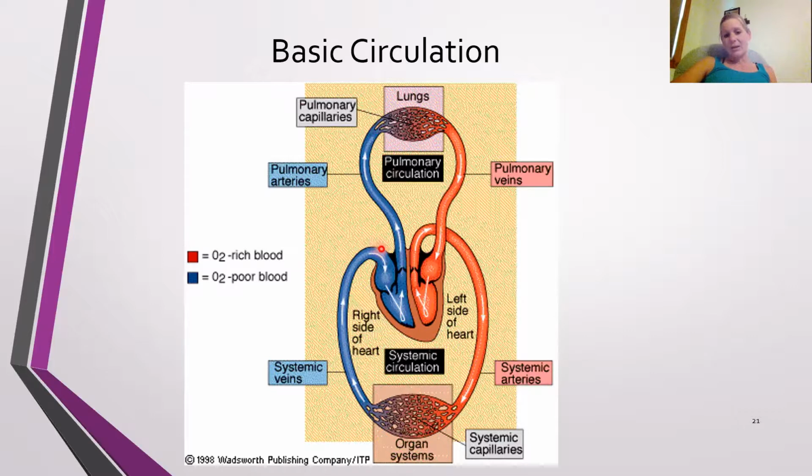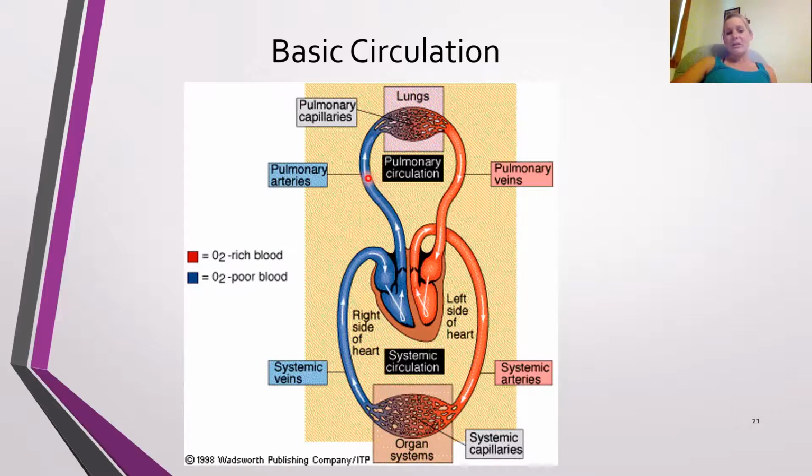And that's going to dump into the right atria. The right atria is going to kick that blood down to the right ventricle. That right ventricle is going to send blood through those semilunar valves into the pulmonary arteries. Again, the arteries are going to take blood away from the heart.